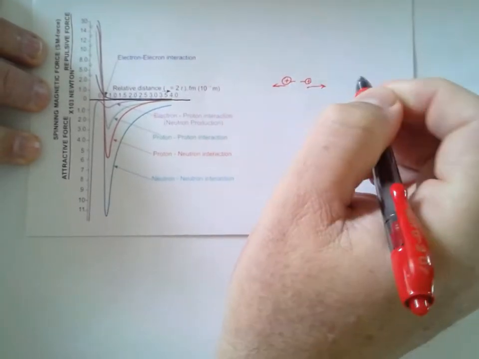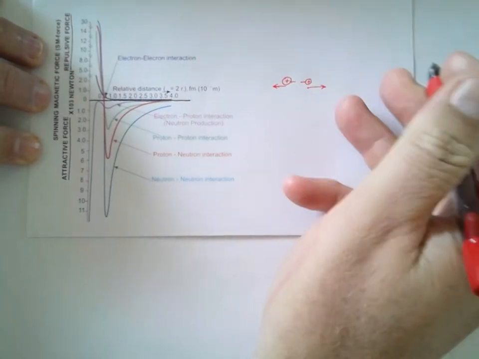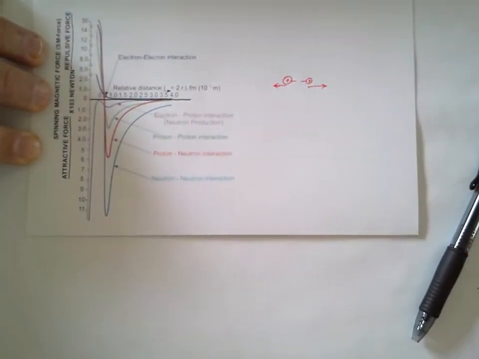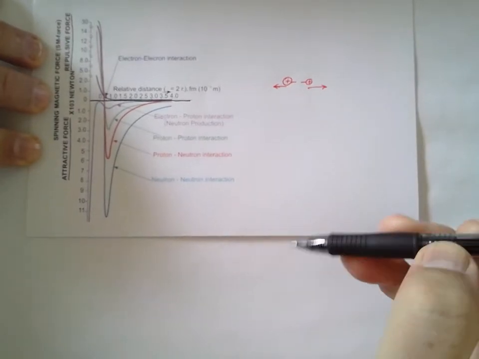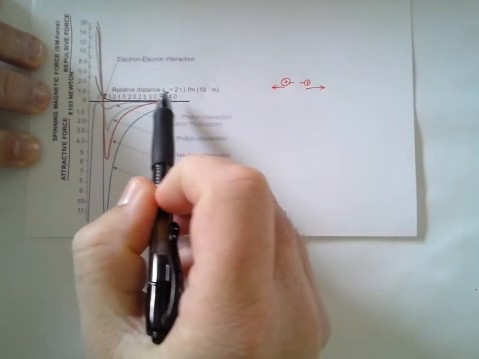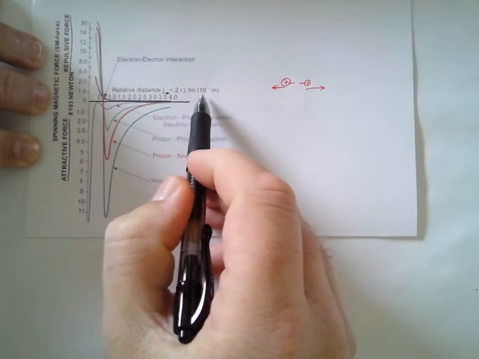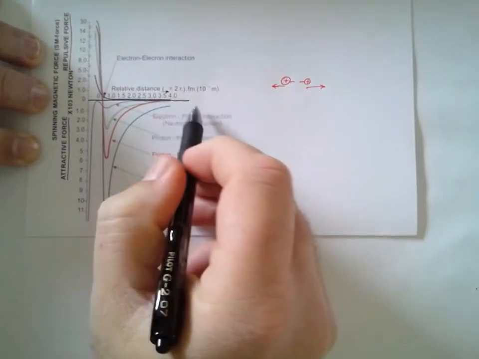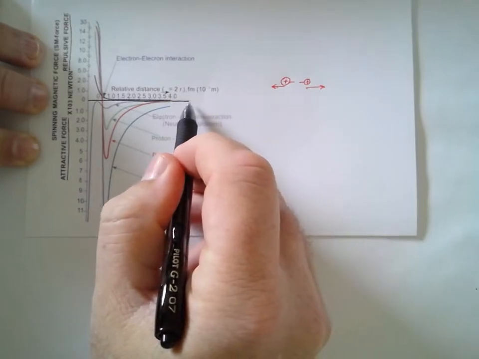This is repulsion. But when we start getting into this really close range, this femtometer range, notice what these lines are doing as we get closer and closer.